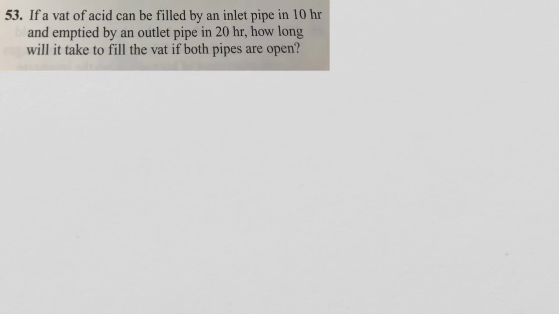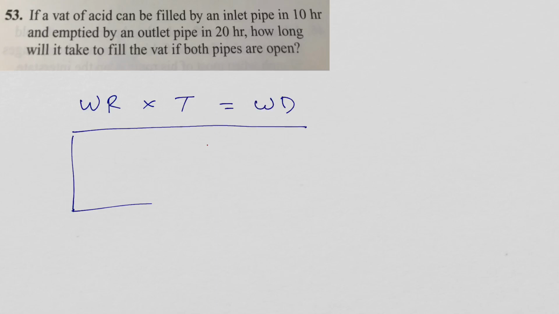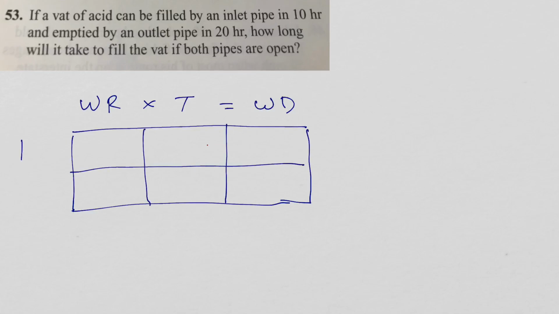Okay, again, this is a work rate problem. So I'm going to start with my outer part of my chart, which is work rate times time equals work done. I have two different pipes in this system. One is an inlet pipe, and one's an outlet pipe.